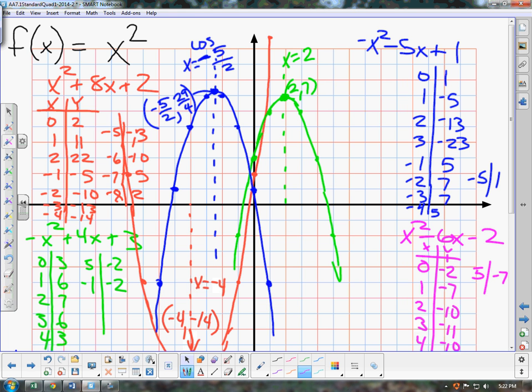So 0 is a negative 2, 1 is a negative 7, 2 is a negative 10, 3 is a negative 11, 4 is a negative 10, 5 is a negative 7, 6 must be negative 2, and so it looks like this.